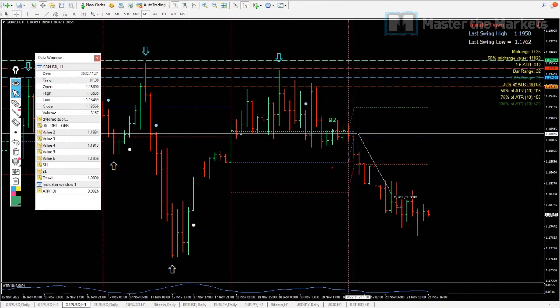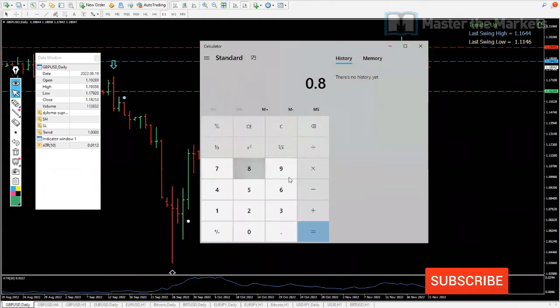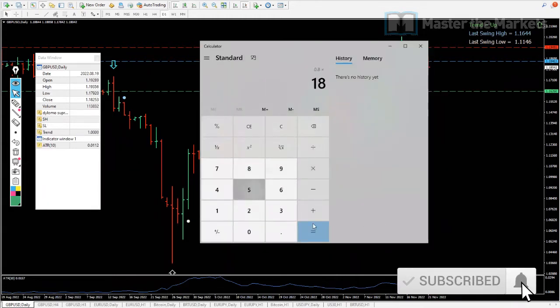In terms of the range, how much range is it made for today? 102. I'm going to take a look at the daily time frame. This was 0.8 times 185. So what would that be? Let me quickly take my calculator out. So 0.8 times 185. Let me check.